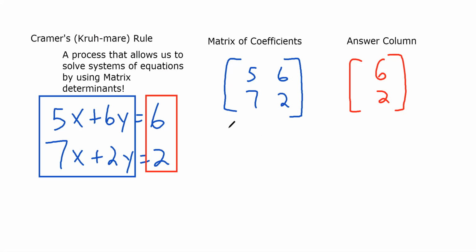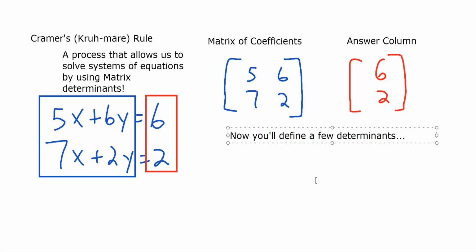Now you're going to define a few determinants. You're going to define capital D. That's what we're going to call it. This is the determinant of the matrix of coefficients.